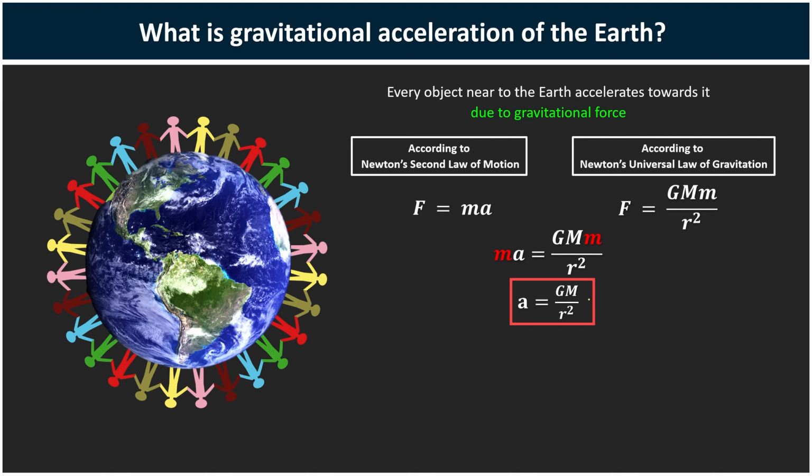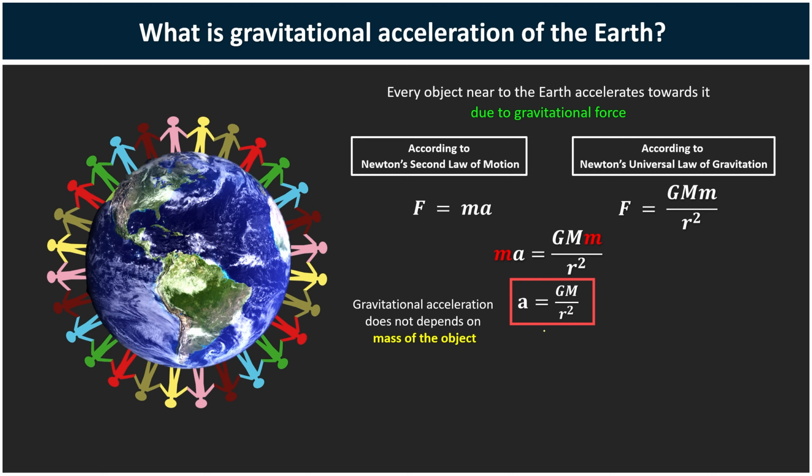What's so special about this is we have discovered that the gravitational acceleration does not depend on the mass of the object. It means everybody on this Earth, no matter whether you are a 5 kg baby, a 100 kg big boy, or a 1000 kg car, all of us will experience the same amount of gravitational acceleration.